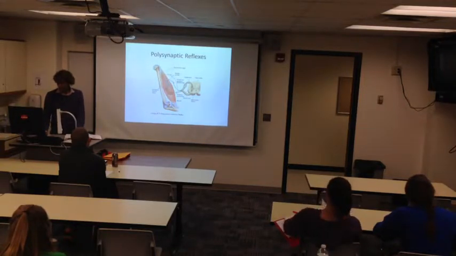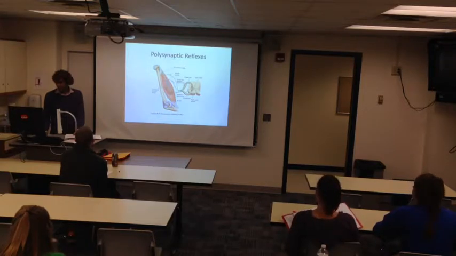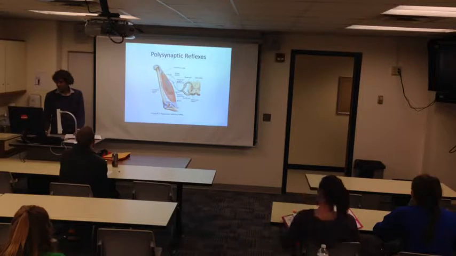Here, information is coming from the Golgi tendon organ. It's synapsing here. There's an interneuron, it's synapsing again to this inhibitory interneuron, and also it's being modulated by this other intrafusal information.